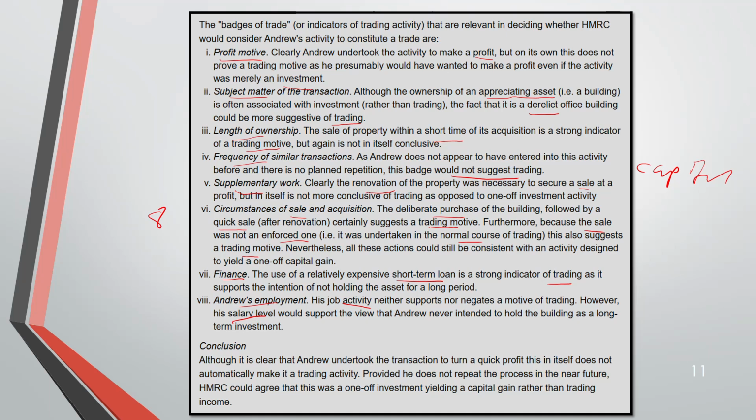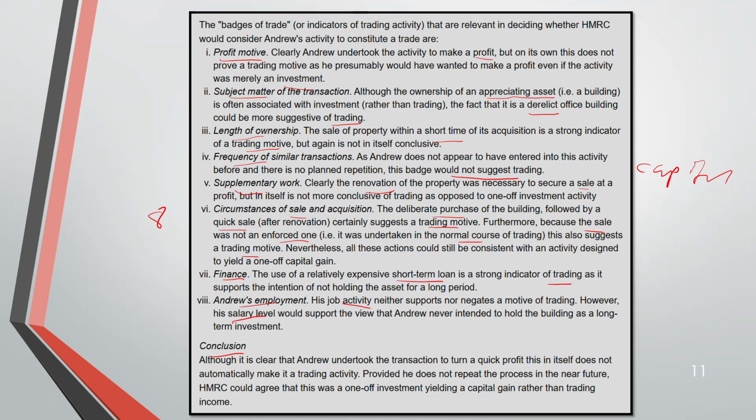So what is the conclusion? If you see, more points are towards trading. See, when you can't come to a clear conclusion, there are some badges of trade where you cannot come to a clear conclusion, like profit motive, like length of ownership.